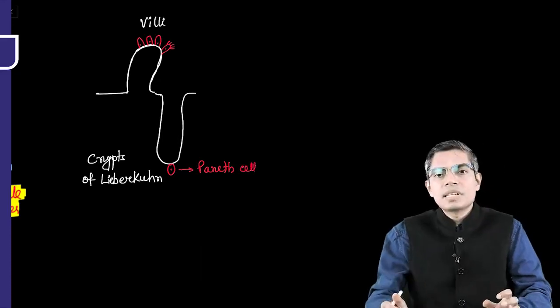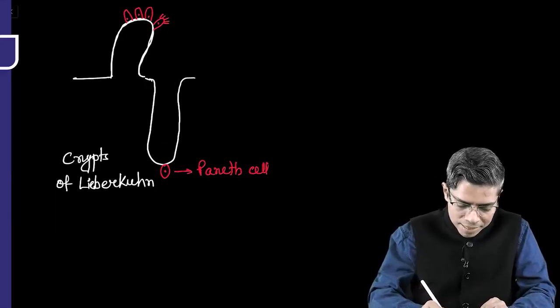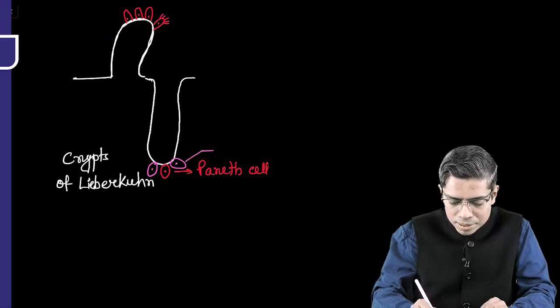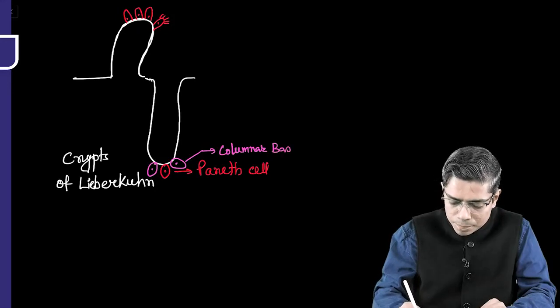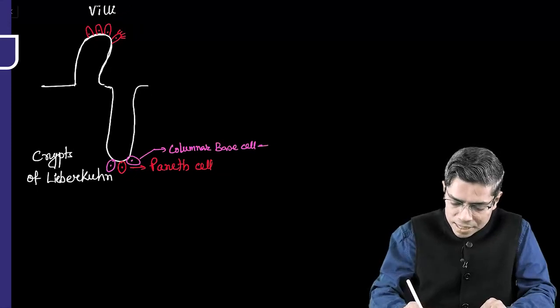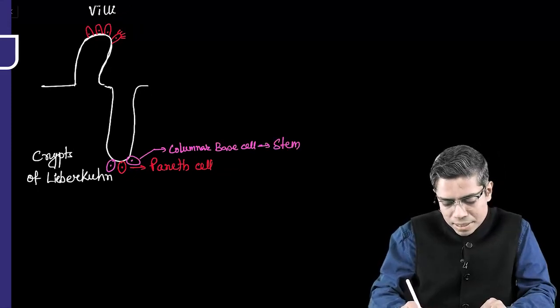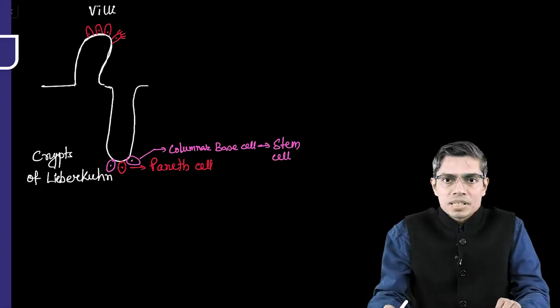So at the bottom of this crypt, the Paneth cell is located. On both sides of this Paneth cell, you are going to find a columnar base cell. This columnar base cell is the stem cell of the GIT. So very, very important. Okay, you must remember.